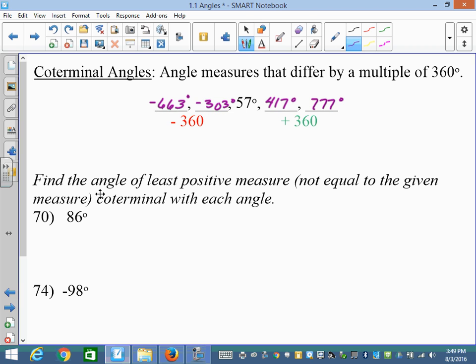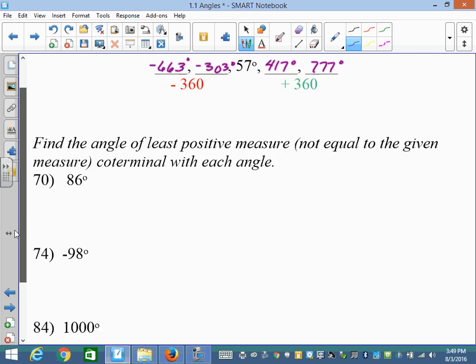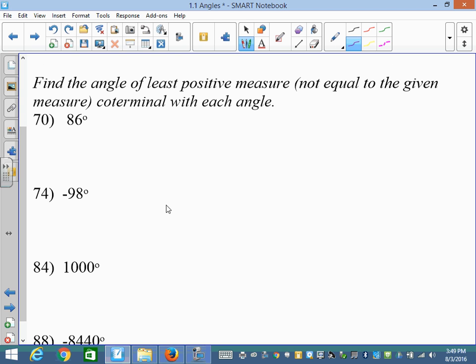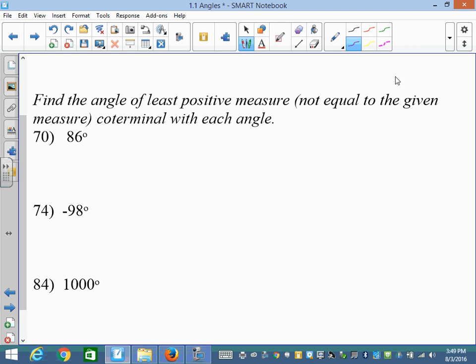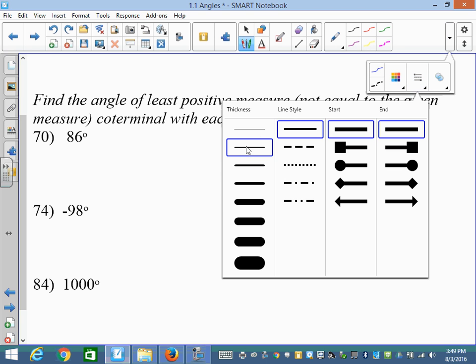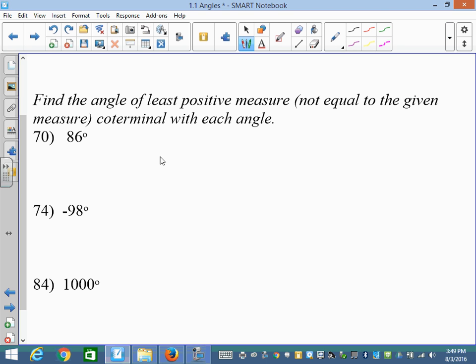Okay, so find the angle of least positive measure not equal to the given measure, coterminal with each angle. When we do this, you always want to get as close to the 0 to 360 range. So what exactly are we looking for? Let me change the width of my line so we can write more here.